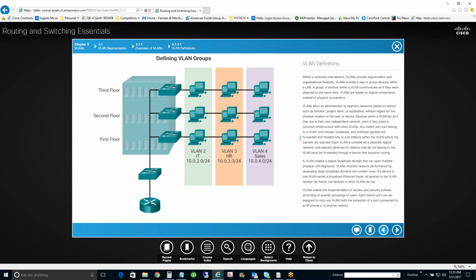Segmenting a network also allows us to create multiple broadcast domains. You can think of it as creating sub-switches on a switch.